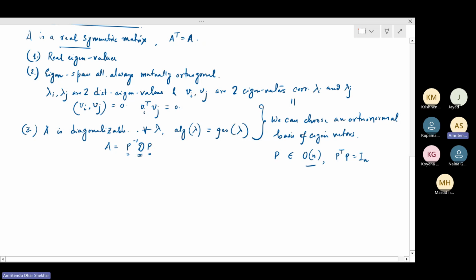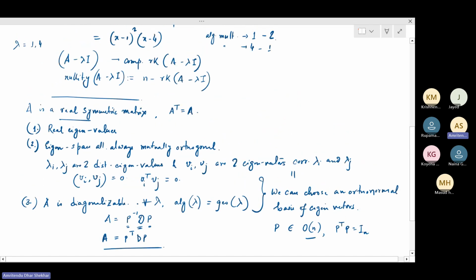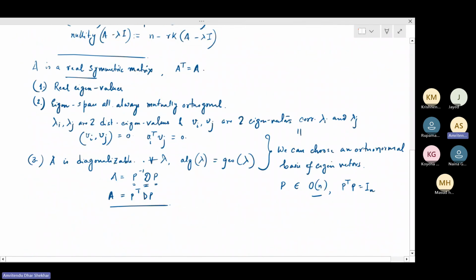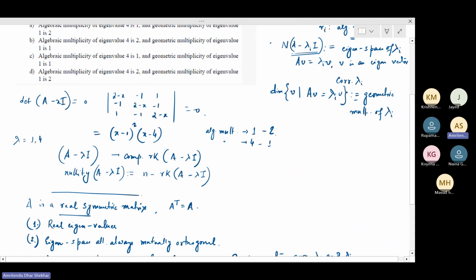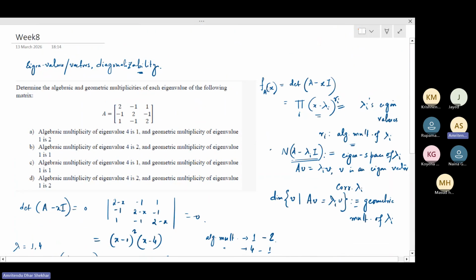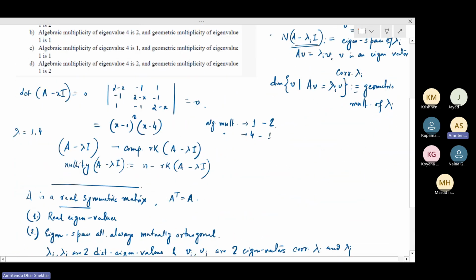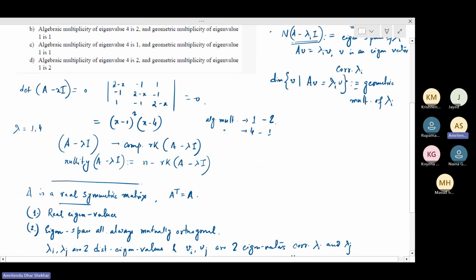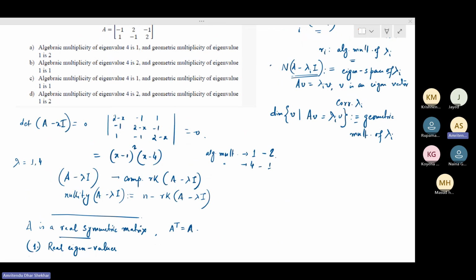So we can indeed choose P to be an orthogonal matrix where we can write A equal to P transpose D P. Okay, so these are some of the facts. And if we use these facts, then because this is a symmetric matrix, the algebraic multiplicities and the geometric multiplicities would be the same.